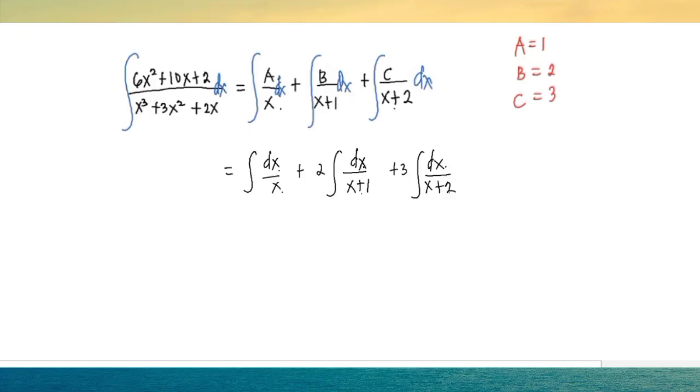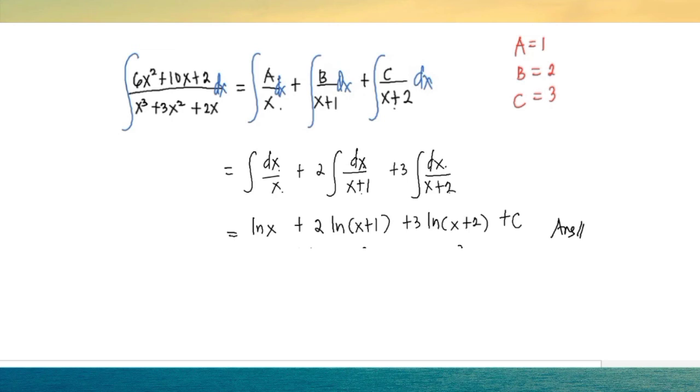And then, let's integrate. Kung makikita natin dito, yung derivative ng mga denominator natin ay mismo yung numerator natin na dx. So therefore, this is just ln of the denominator. So we would have ln of x plus 2. The derivative of x plus 1 is dx, so that's ln of x plus 1.